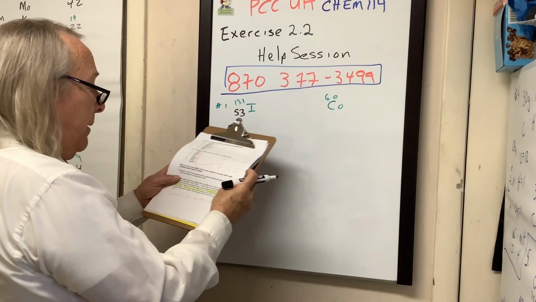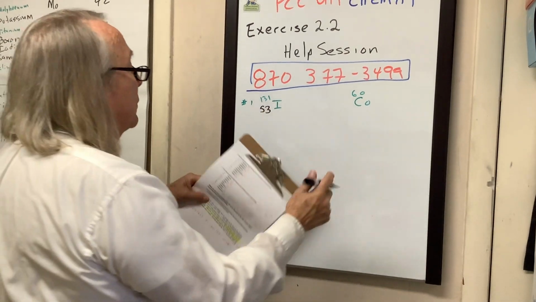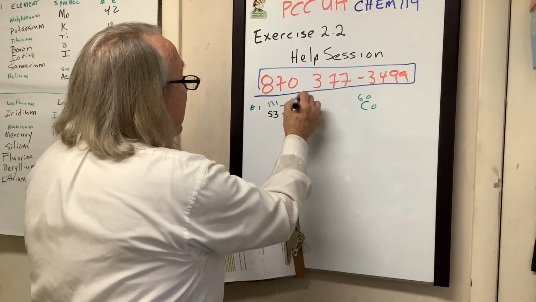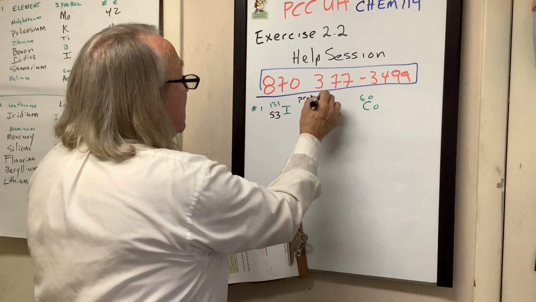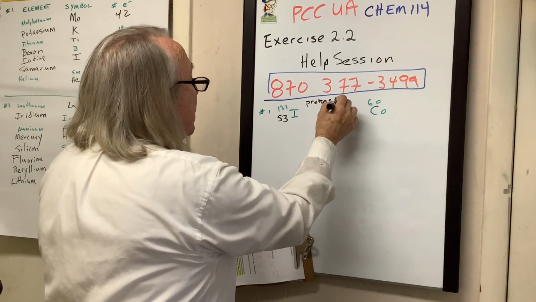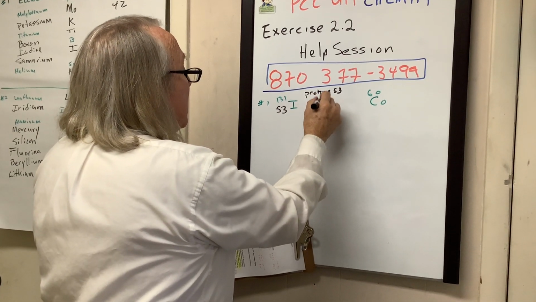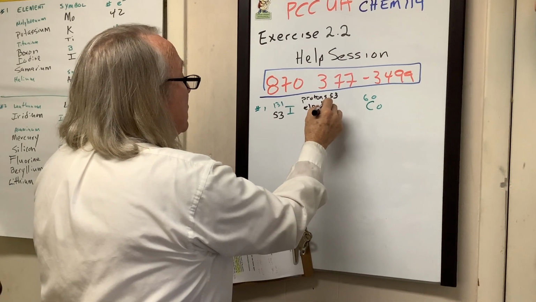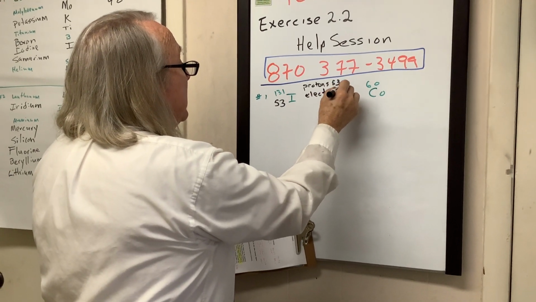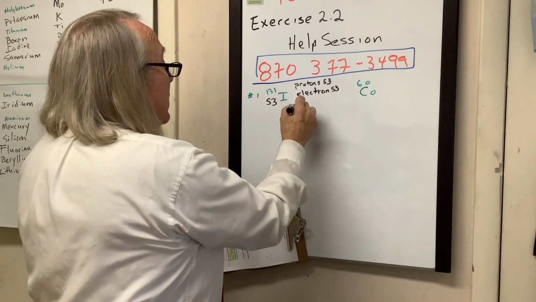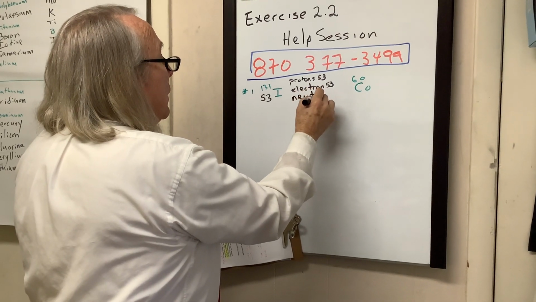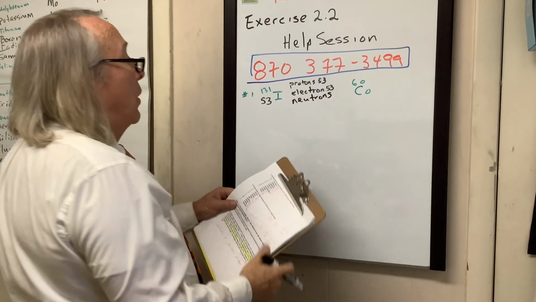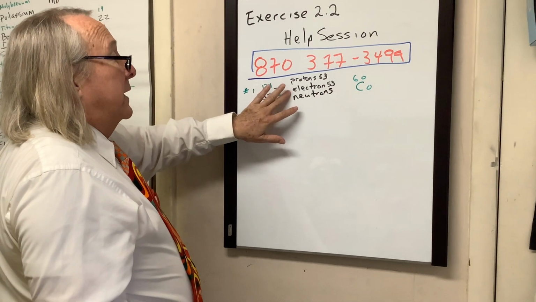So it said how many neutrons, protons, and electrons? Well, it's element number 53, so it has 53 protons. And it also has 53 electrons. And for neutrons, we ignore the mass of the electrons.